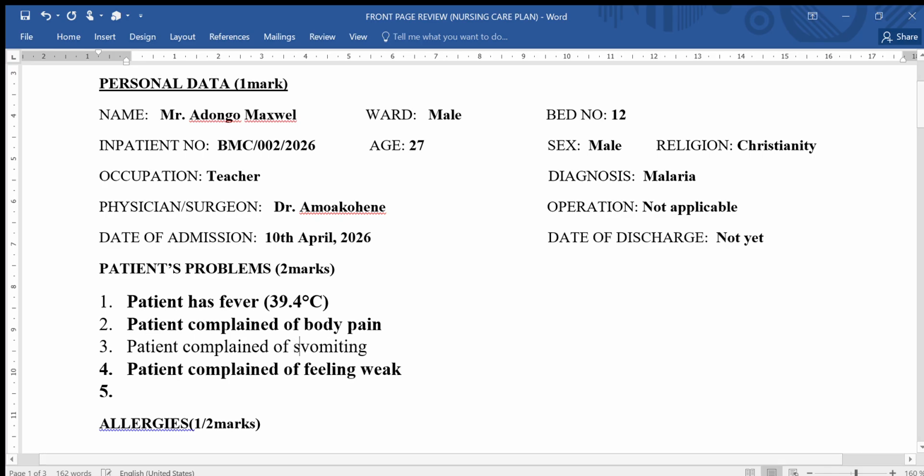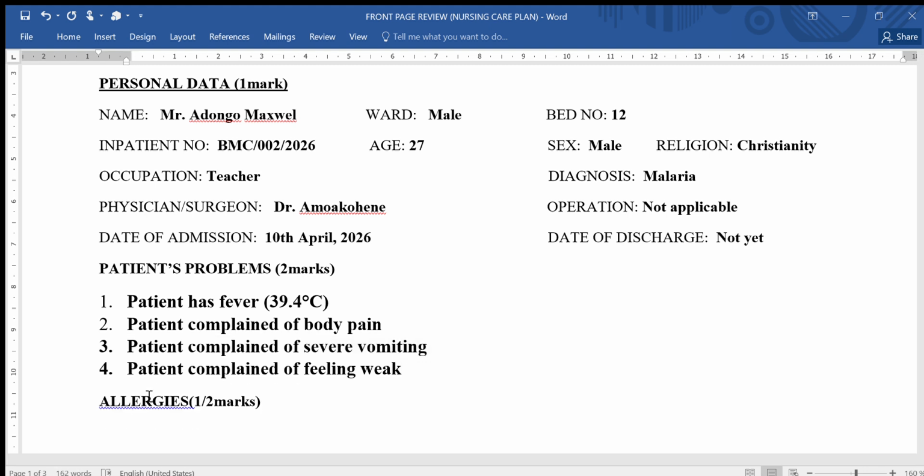Complaints of severe vomiting, because the scenario said that patient has been vomiting for the past 3 days severely. So that would do for our 4 problems.